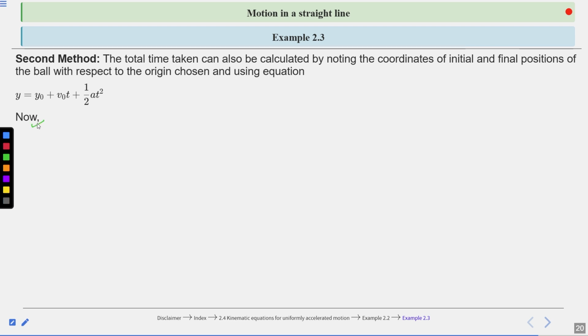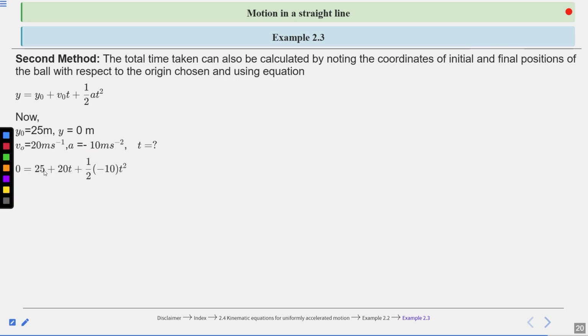Now y naught is equal to 25 meter and y equal to 0 meter, velocity v naught is equal to 20 meter per second and acceleration due to gravity is minus 10 meter per second square. Here we have to find t.